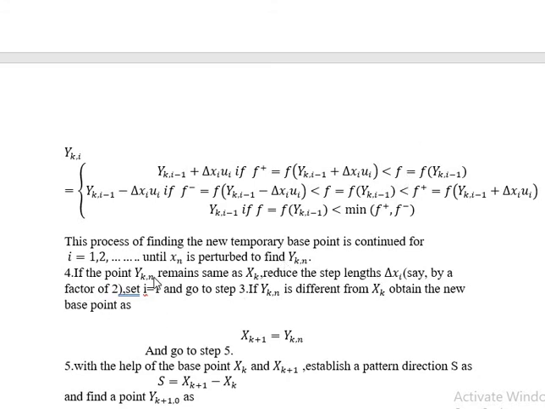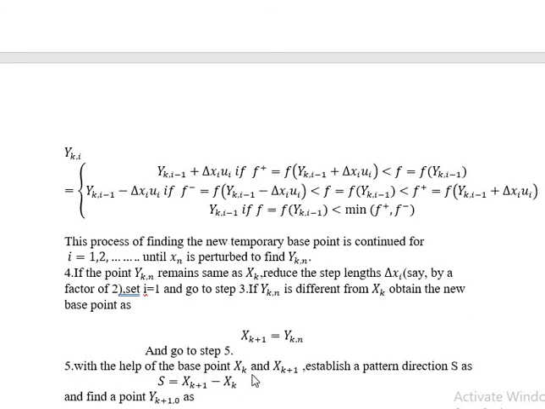Fourth step is, if the point y(k,n) remains the same as xk, reduce step length delta xi, say by a factor of 2. Set i equal to 1 and then go to step 3. If y(k,n) is different from xk, obtain new base point as xk plus 1 equal to y(k,n) and go to step 5.